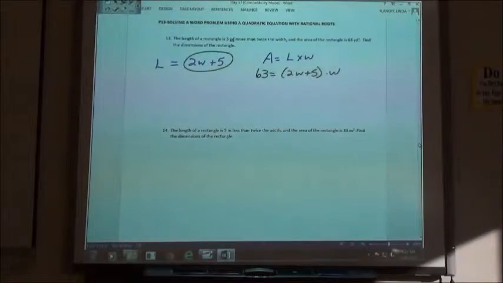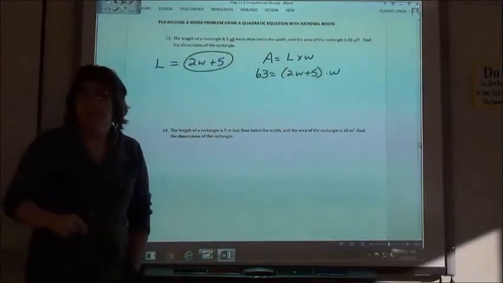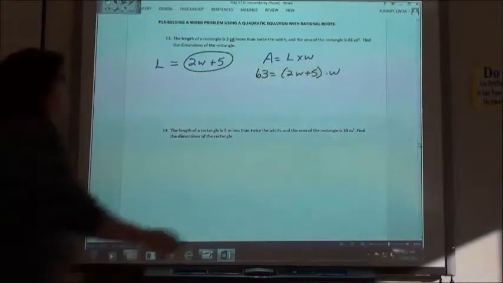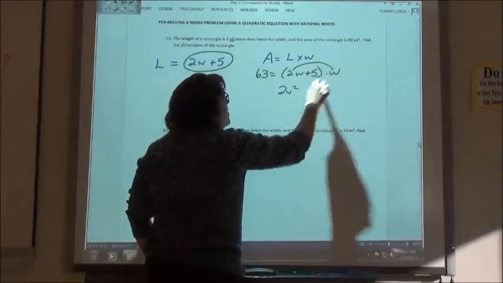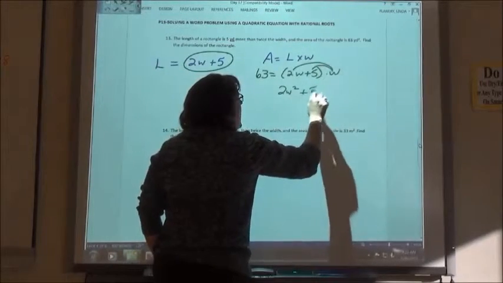What am I going to do to solve that first? I'm going to use my distributive property, and 2w times w is 2w squared plus 5w, right?